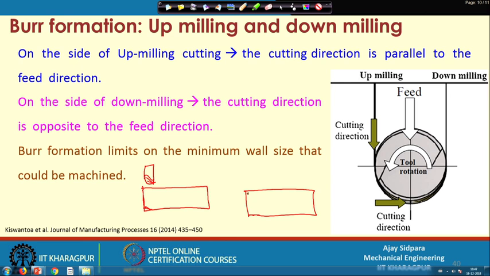Let us say we want to cut, whatever this diameter is, let us consider it is 500 micron.